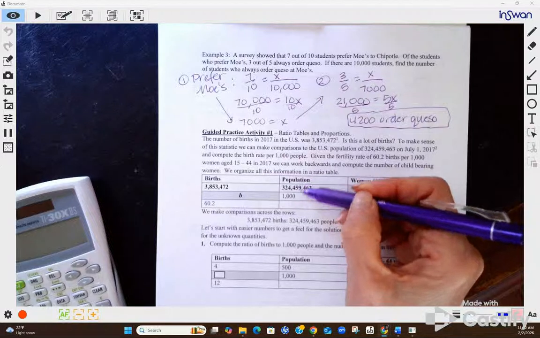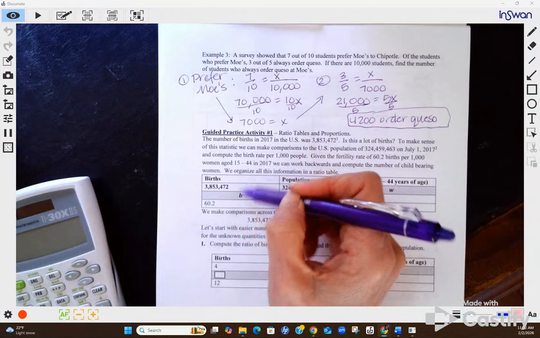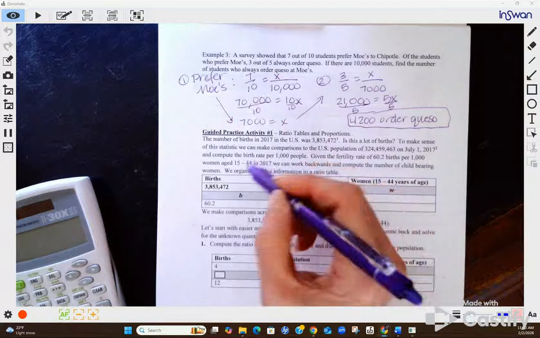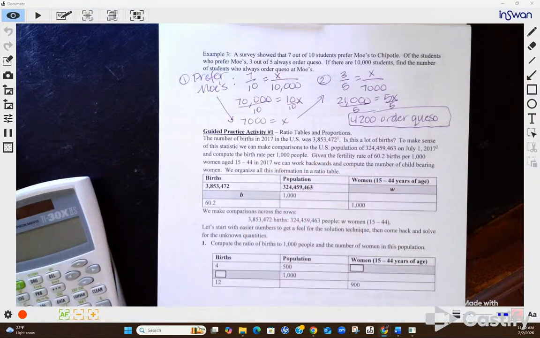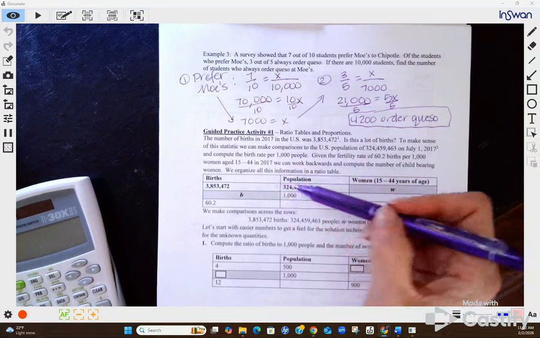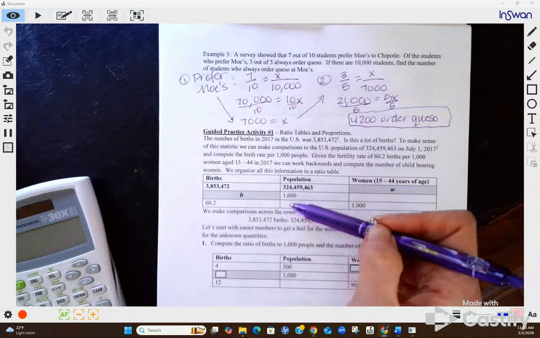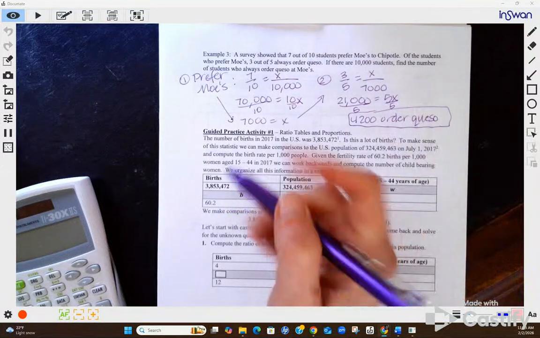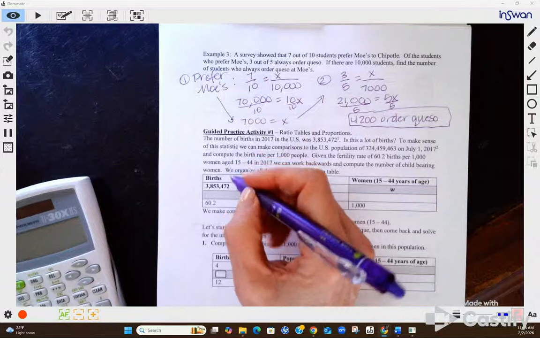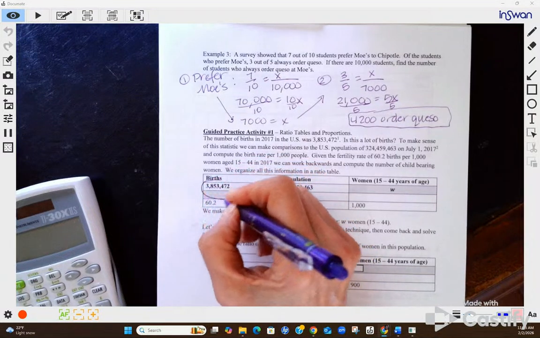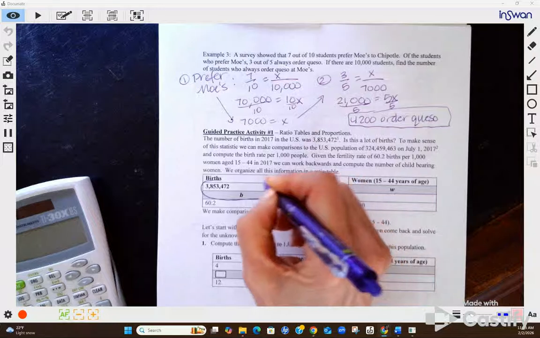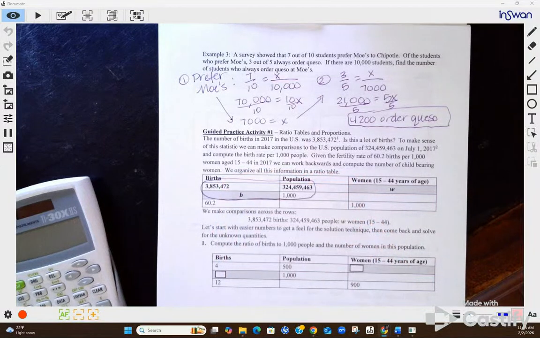And these two line up, and these two line up, and these two line up. So you can't have anything that crosses over. If I'm comparing these two, I wouldn't then match up these two because this doesn't line up over there. So you're going to isolate this if you want to find B and use that to set up your proportion.